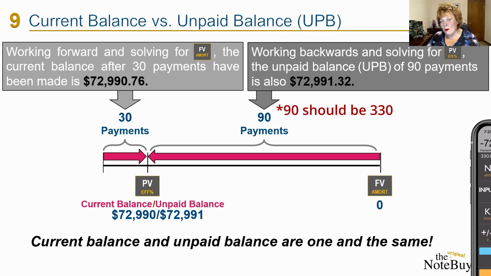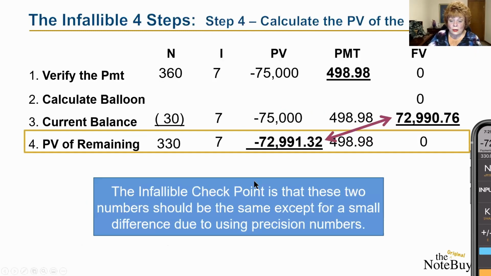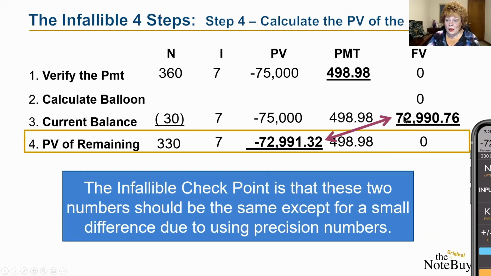Okay, so I hope that helps you to understand why that's like that. And then you can see why we can use that to our advantage. Because if you do all four of these calculations, sometimes I'll get a number that's $10,000 off, usually because I forgot a negative sign or some crazy thing like that.